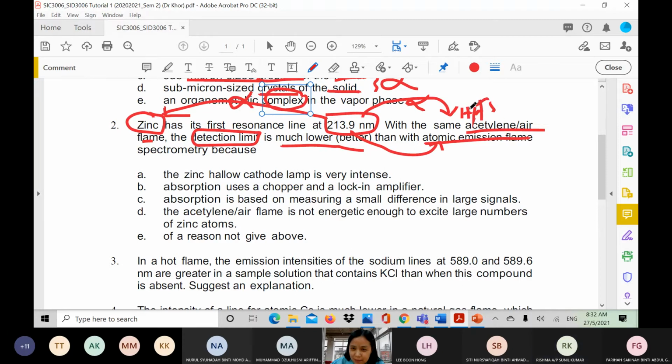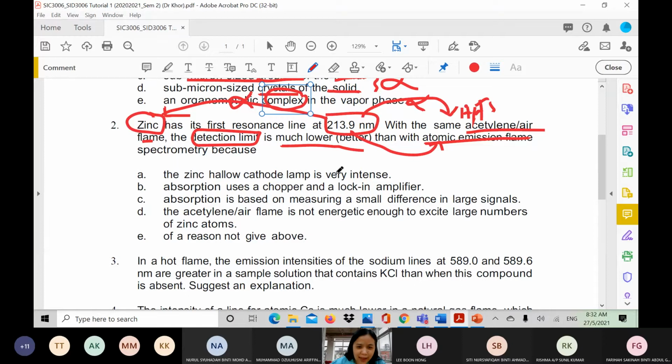This question is about the comparison between AAS and AES. You pick A, you think the zinc hollow cathode lamp is very intense. If we pick A, it is relevant to AES.